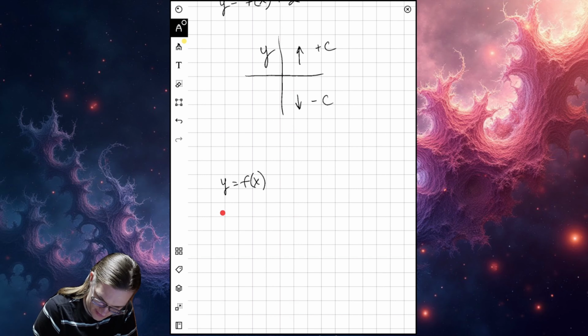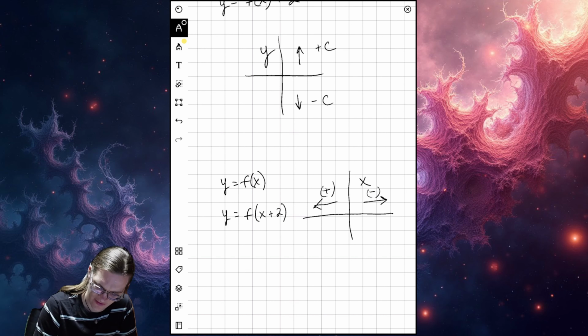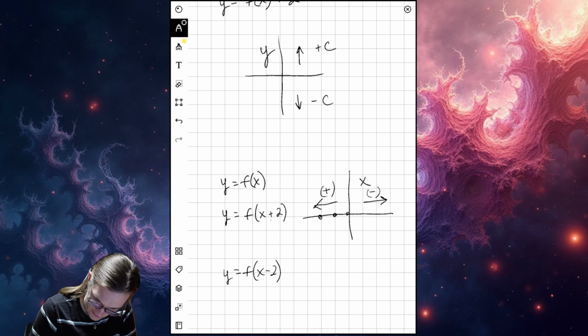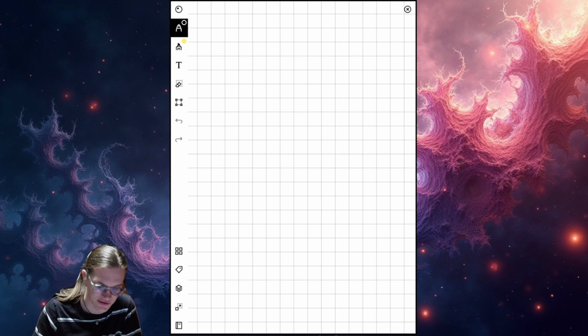And if I add something to the x here, see, that's going to shift it left and right. And it's just a weird happenstance thing that when you add 2, it shifts to the left 2. And when you subtract 2, it shifts to the right 2. So really all you have to think about is the fact that when you shift something horizontally, it's counterintuitive.